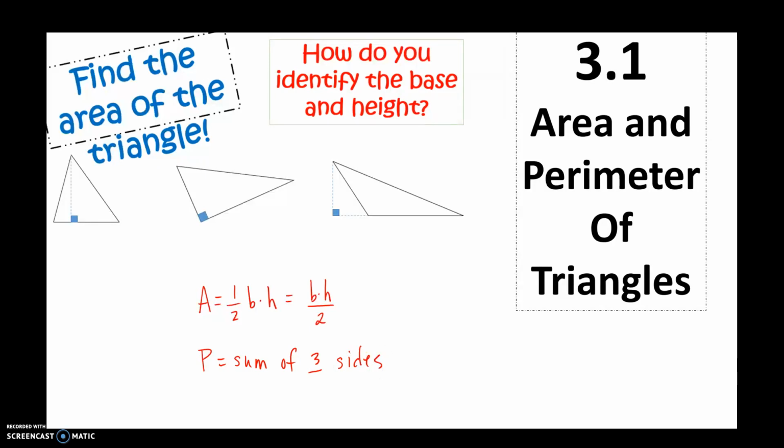All right, so in order to determine the area, we need to identify what's called the base and the height. So how do we get the base and the height? In any triangle, the base is always perpendicular to the height. So when we look at the first triangle drawn, here's my right angle, the base, and then this would be the height. Oh, nope, mix them up.